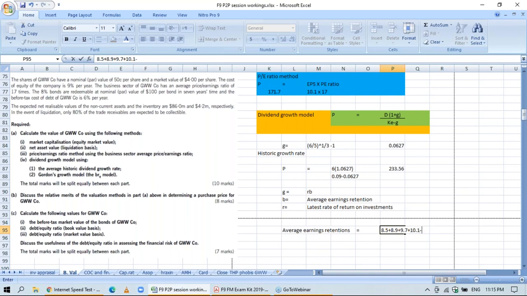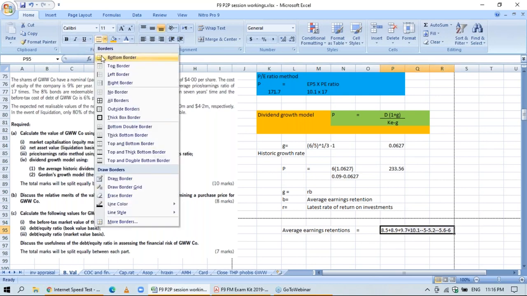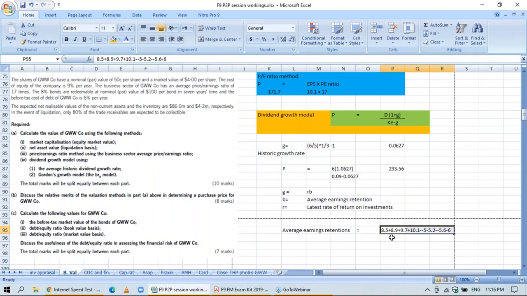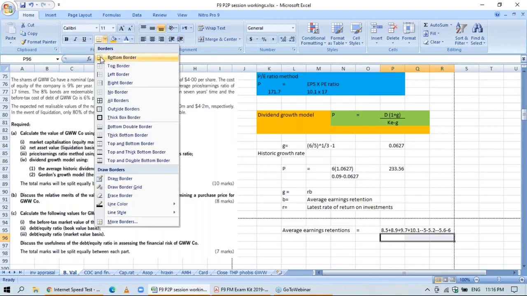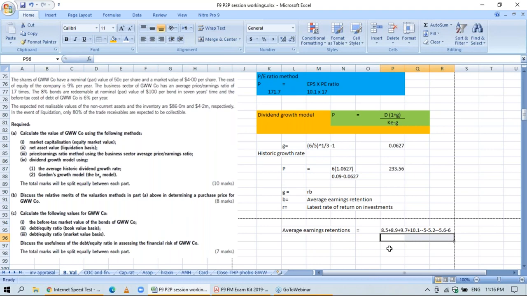So the dividends are minus 5, minus 5.2 million, minus 5.6 million, and minus 6 million. Now this should be divided by the average profits.